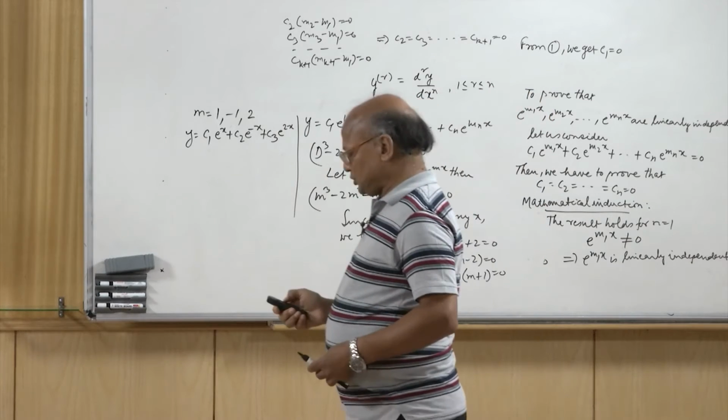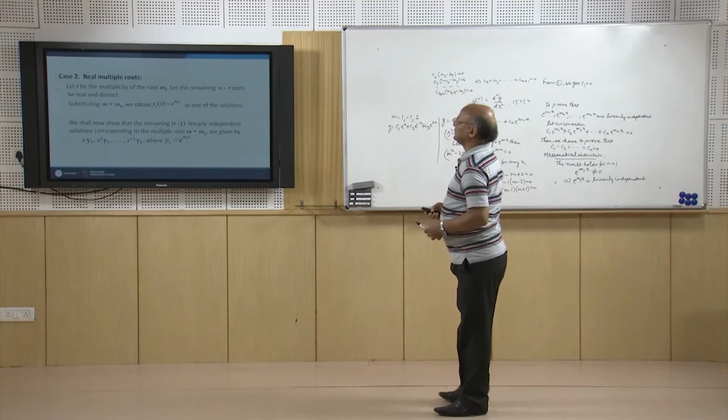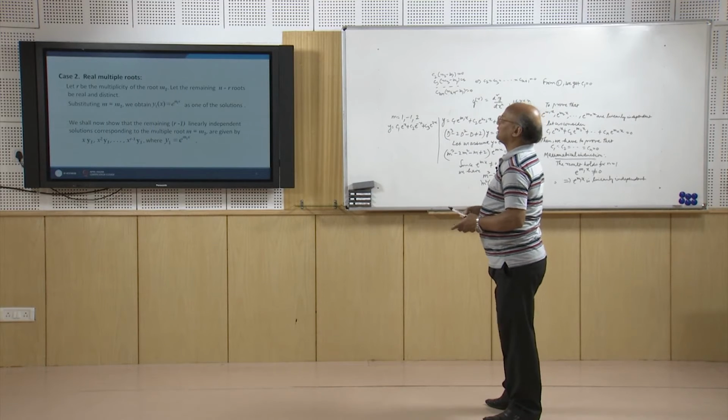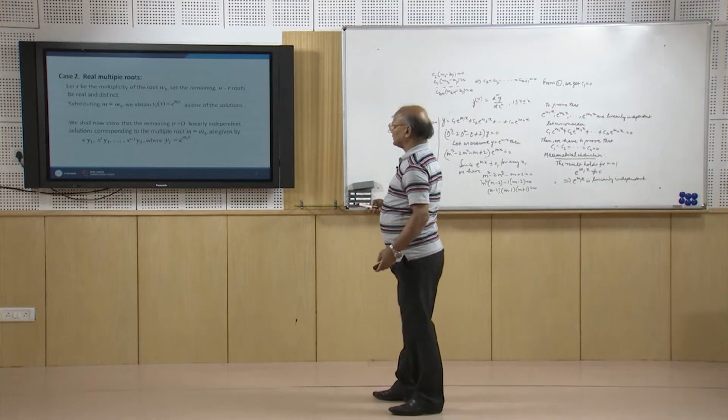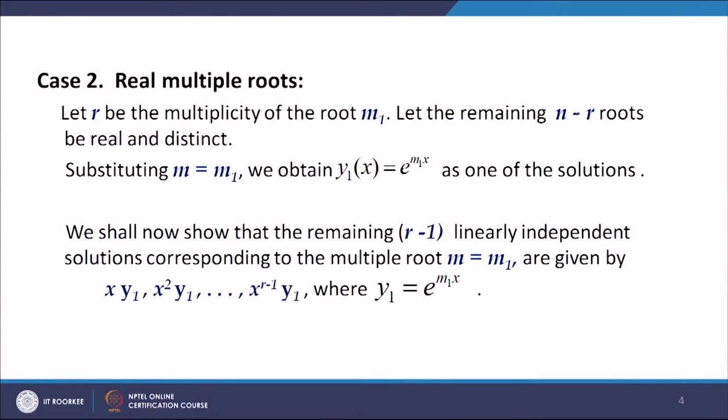Okay, now let us move to the second possibility. In the second case, we have real multiple roots, when a certain root occurs more than once. So, let r be the multiplicity of a root, say m equal to m1, and let us assume that the remaining n minus r roots are real and distinct.